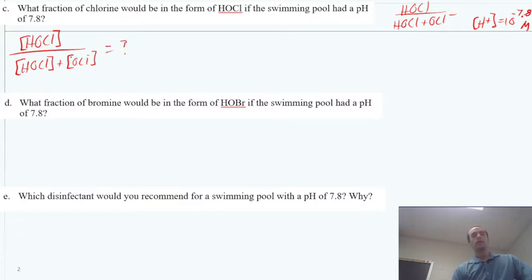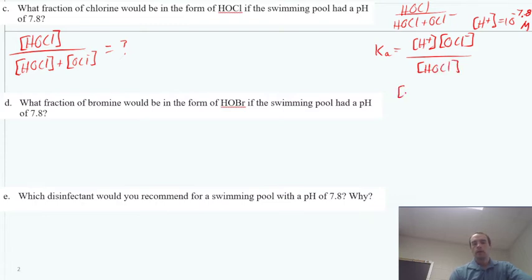So we could either simplify this or just start from the other direction, say Ka is H plus times OCl minus over HOCl. So here we can then get a ratio of OCl minus divided by HOCl equals Ka over H plus.